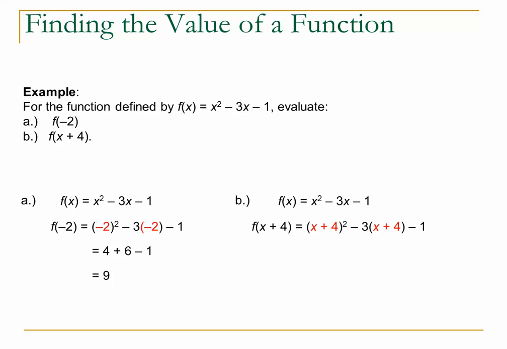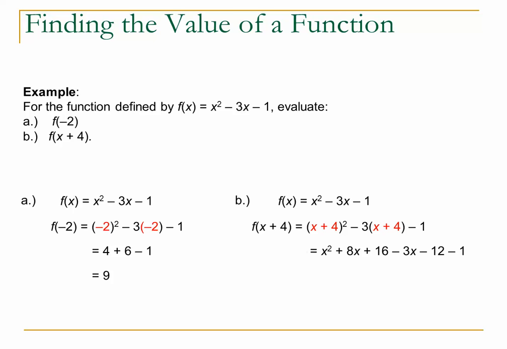Next, we'll do the same for part B, but we're going to evaluate it for x plus 4, which is a little bit more to handle than just the -2. Again, replace the x value with parentheses first, then drop in the x plus 4. Now, one thing to be careful of, the (x plus 4) squared, you actually have to FOIL that.